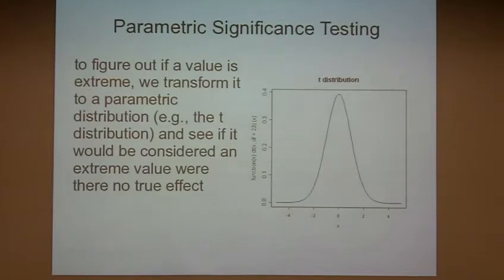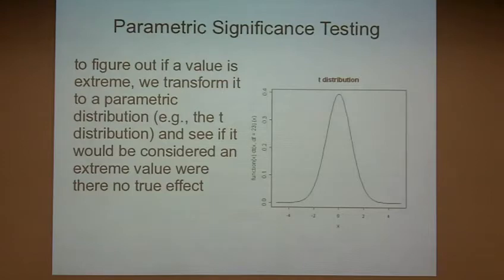This is really a useless slide. I'm just going to skip it. But, you know, this is what you're doing when you do a parametric significance test. You take your observed value of some difference, say in fMRI, a difference between signal values, and then you look at the variance associated with that difference.